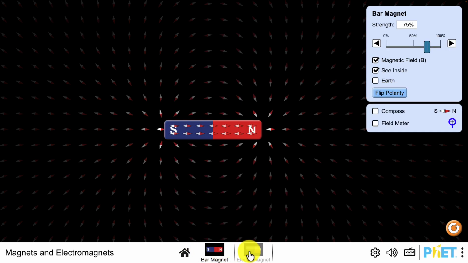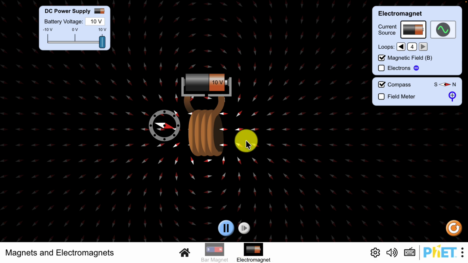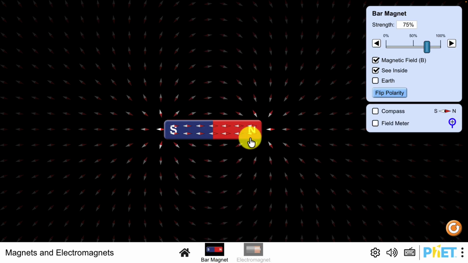So in a way, they are equivalent. Remember, when a coil carries current, this coil will generate a magnetic field, and the magnetic field generated by this coil has exactly the same pattern as a bar magnet.